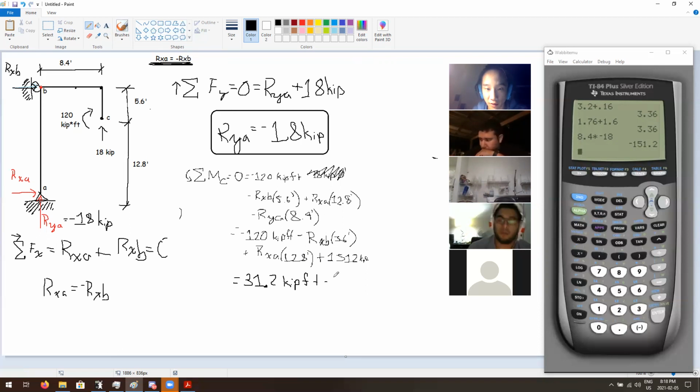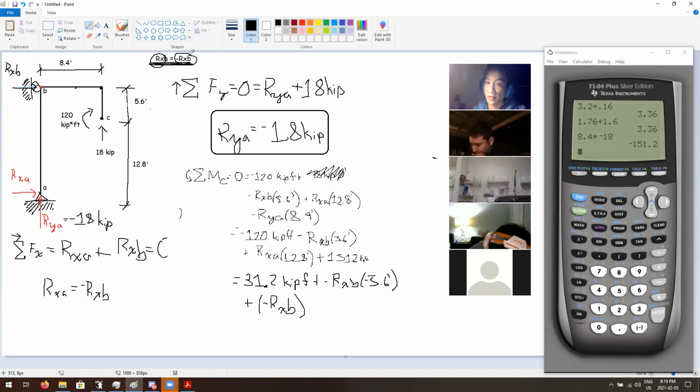So this is going to stay the same. RXB times negative 5.6 feet plus a negative RXB. So we took this RXA right here and replaced it with negative RXB.